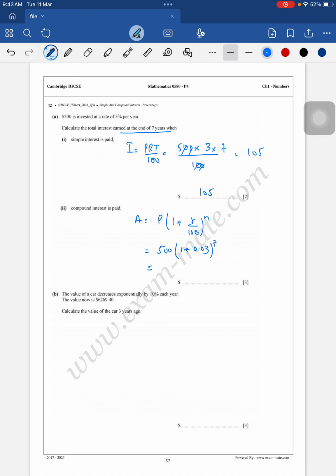So 500 into 1.03 power 7. So 614.9, we will assume it to be 615. Okay.